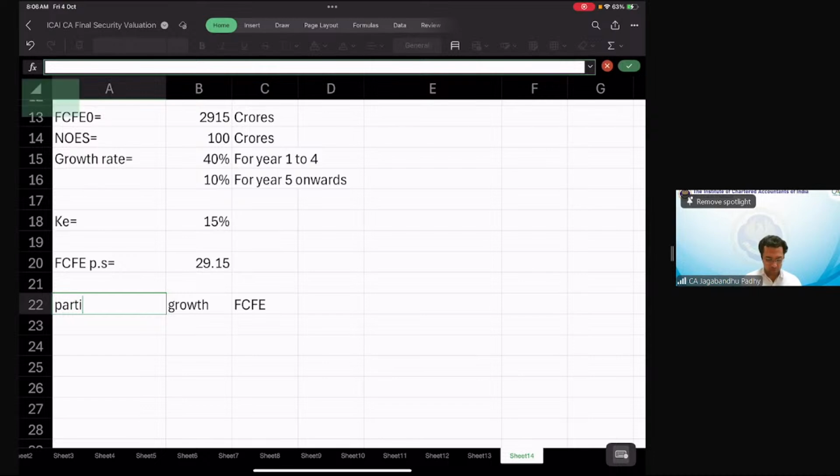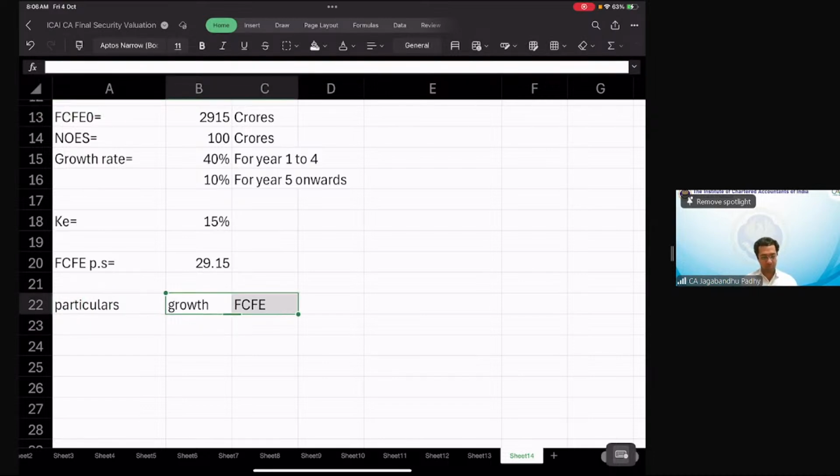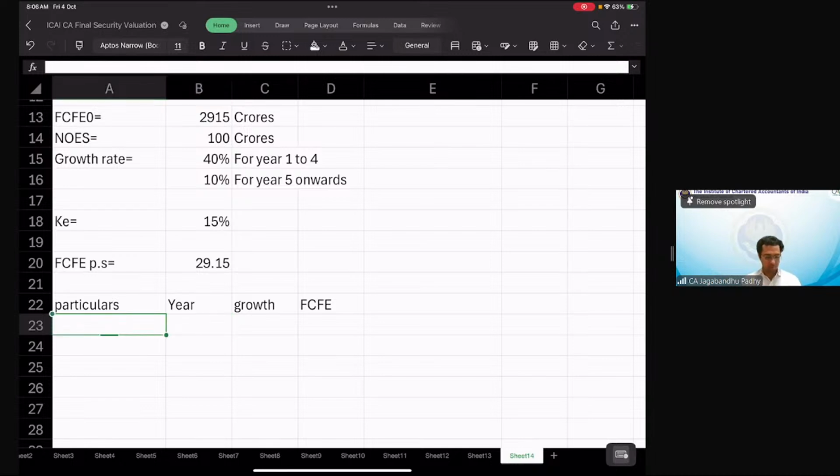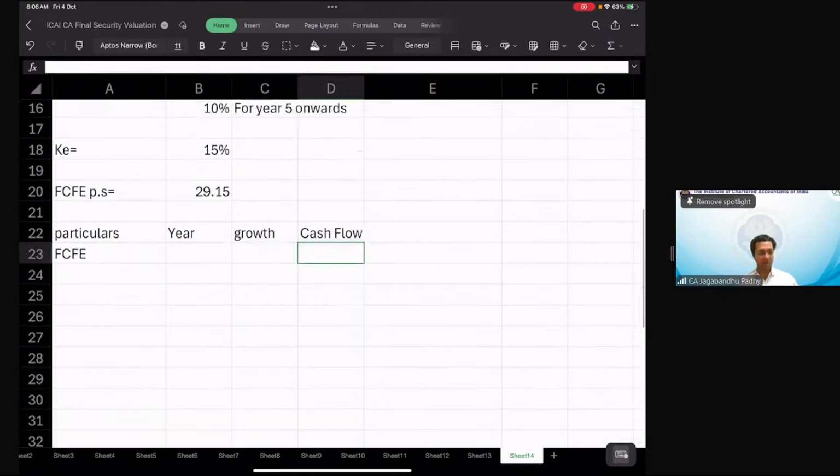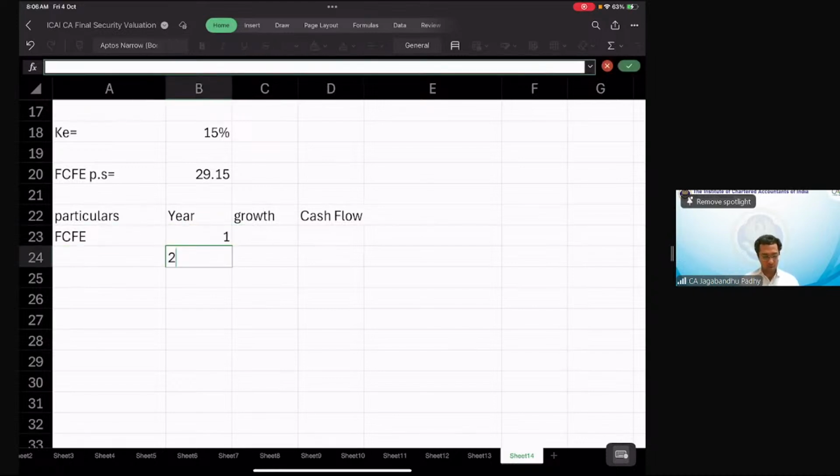We'll have particulars, year, growth, and FCFE. Particulars is FCFE, and let me just call it cash flow. So FCFE in year 1, 2, 3, 4.